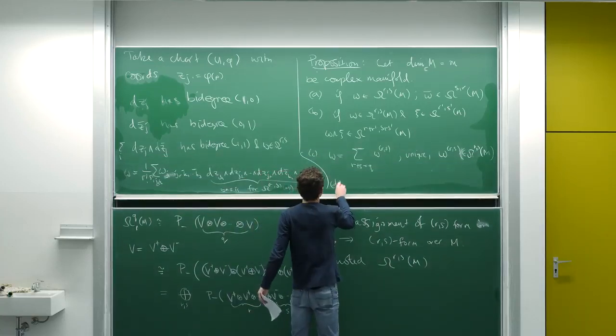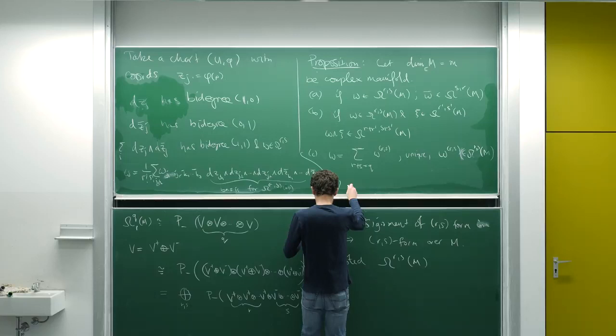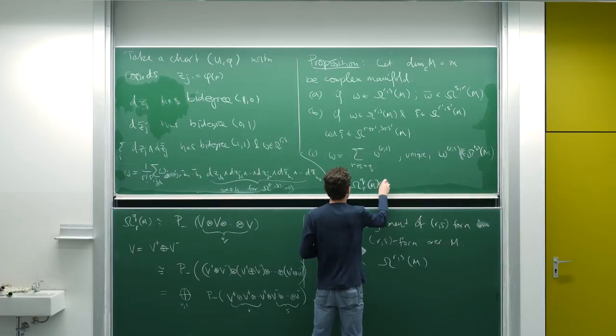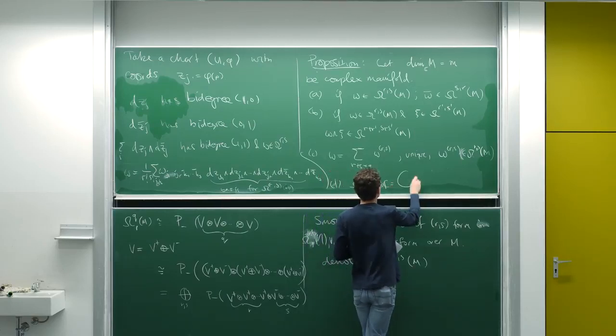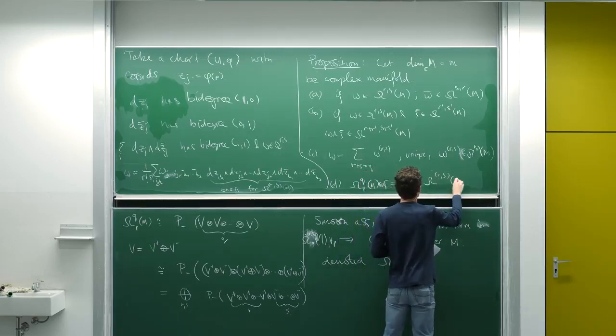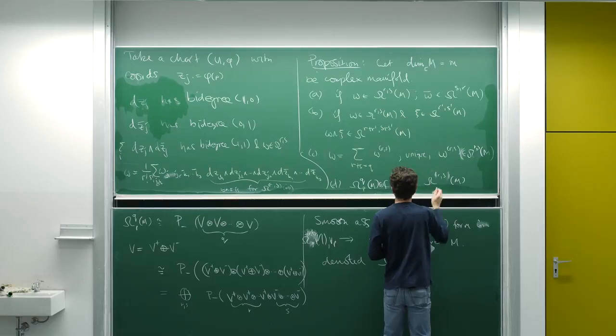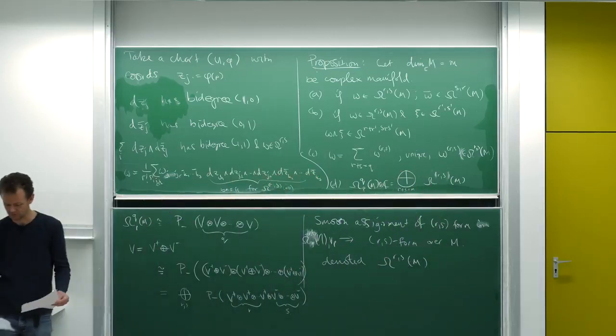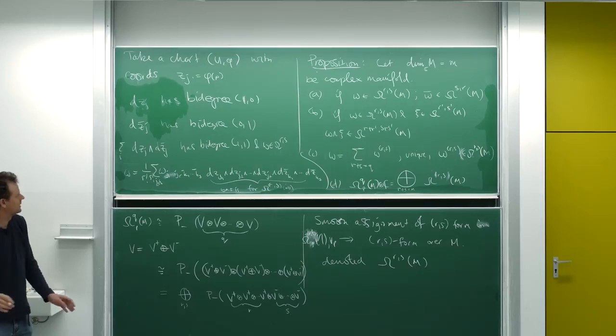And if you like, we could summarize the observation we made just before, that the complex Q forms of M break up into this direct sum like that.